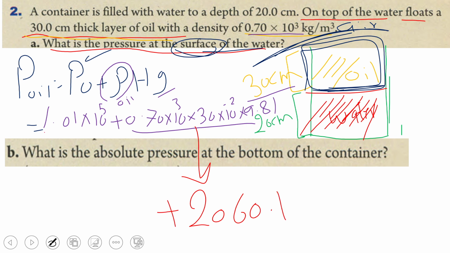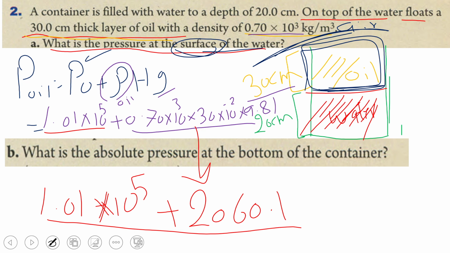Plus the left side, you have this number, 1.01 times 10 power 5. Now add it, plus 1.01 times 10 power 5. So the last answer is equal to 103060.1 Pascal. Students, this is the last answer.